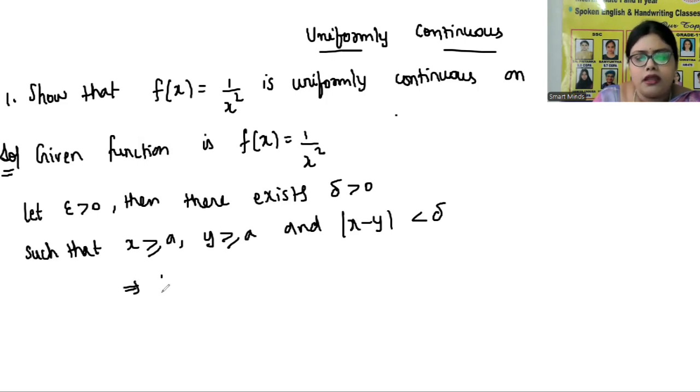That implies mod f of x minus f of y is less than epsilon. Now let delta is equal to epsilon a cube by 2.